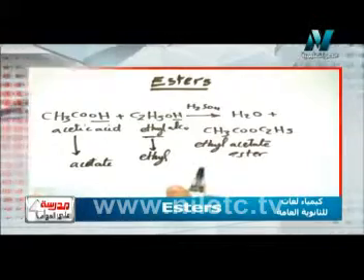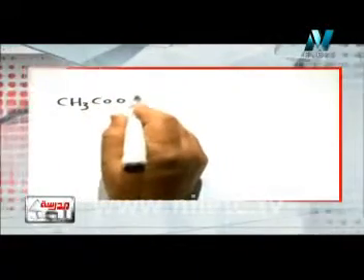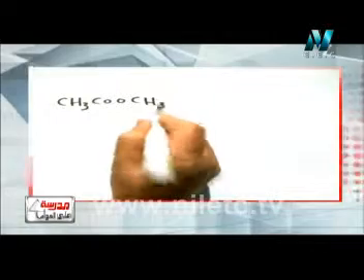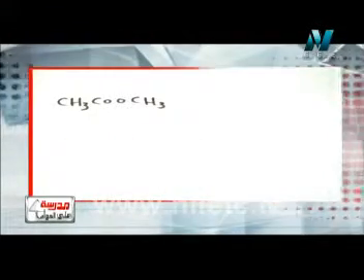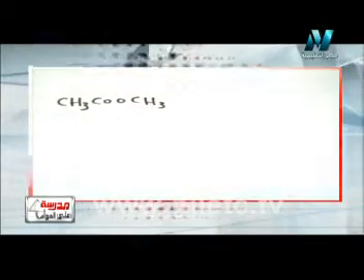Let's take some examples of ester nomenclature. CH3COOCH3 is an ester. The general formula of an ester is COOR.